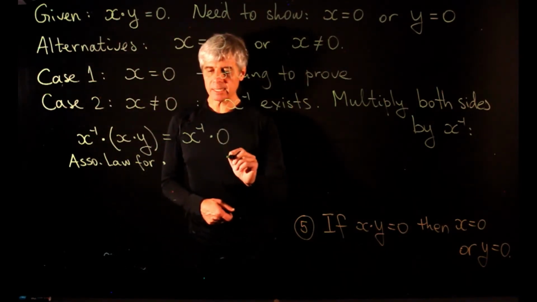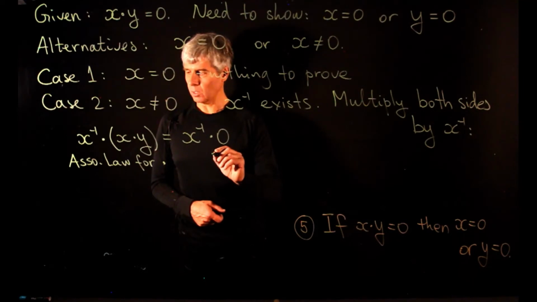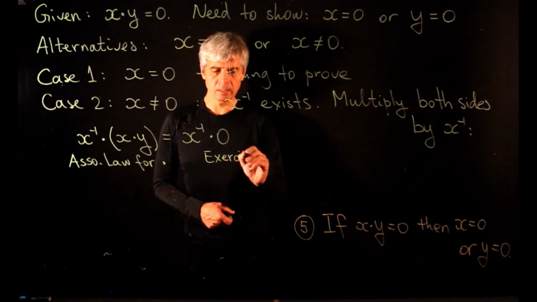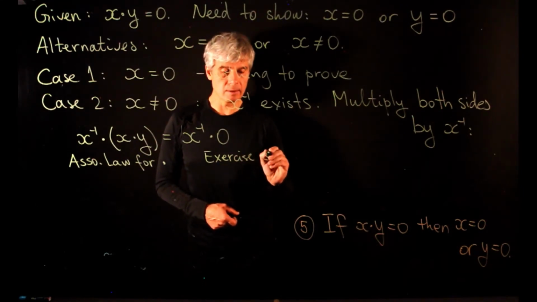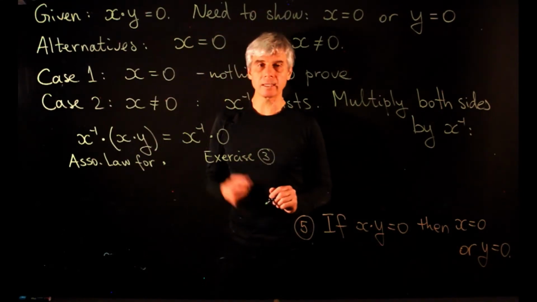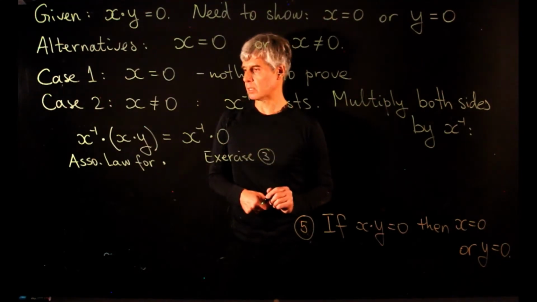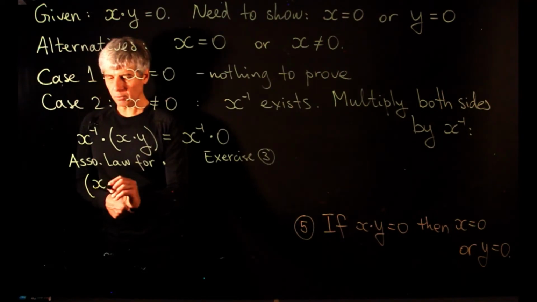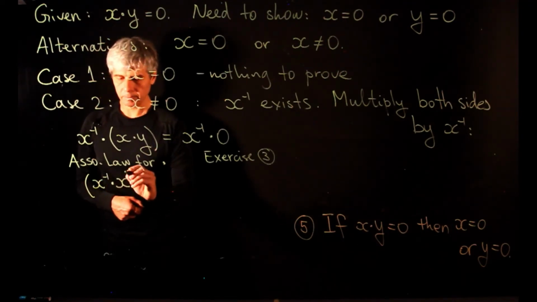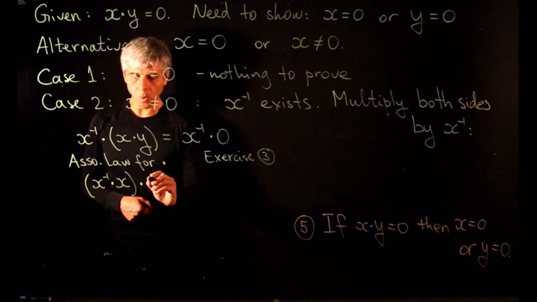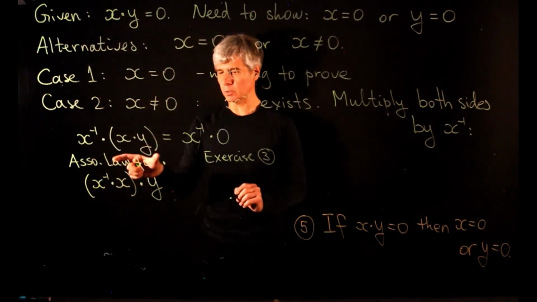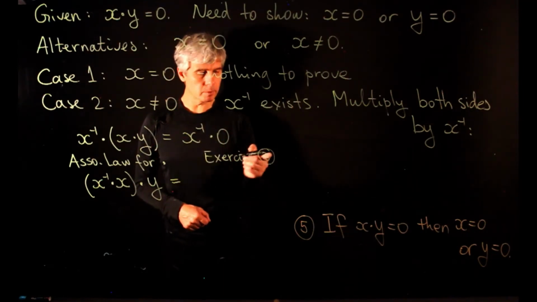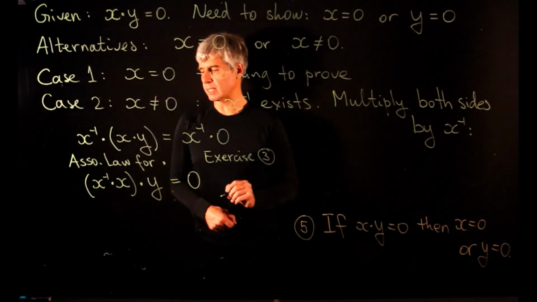And on the right-hand side, we use our previous exercise, I think it was exercise 3. Right? So that said that anything times 0 is equal to 0. So then we get x inverse times x times y. So this is the associative law on the left. And on the right, using our exercise 3, we get 0.